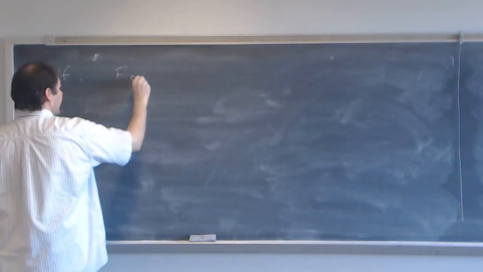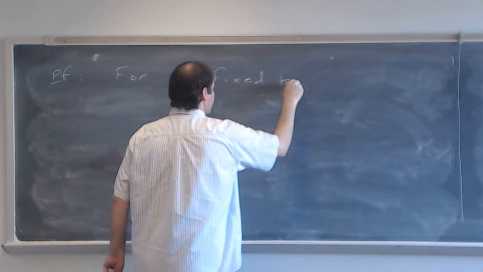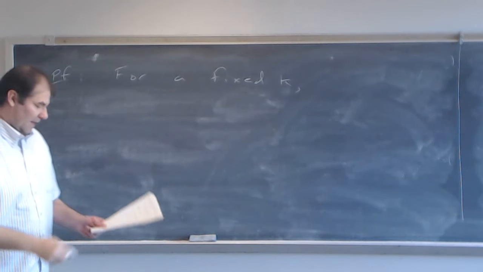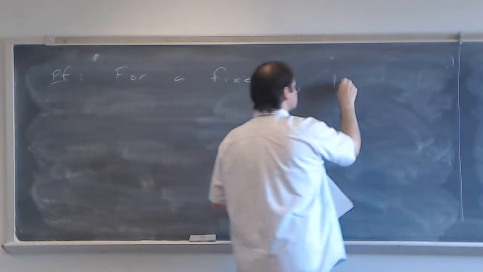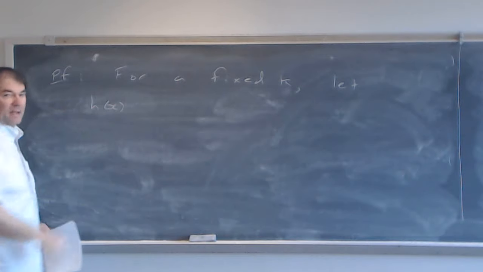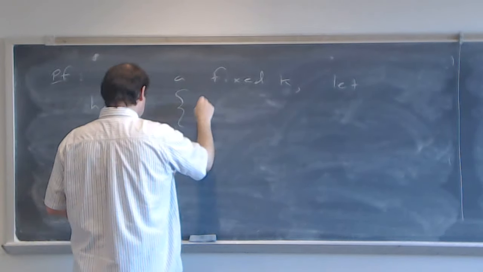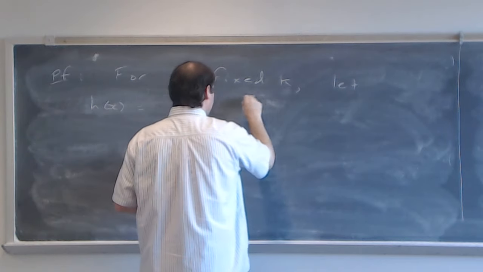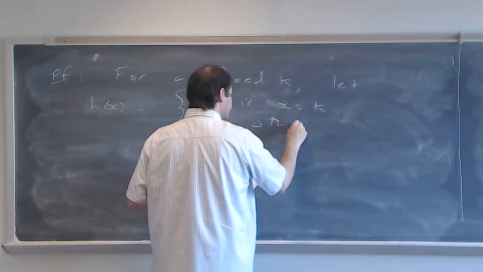So for a fixed k, we're going to let h of x, our function involved in the compound random variable identity, be equal to one of two things. It's either 1 if x equals k, and 0 otherwise.